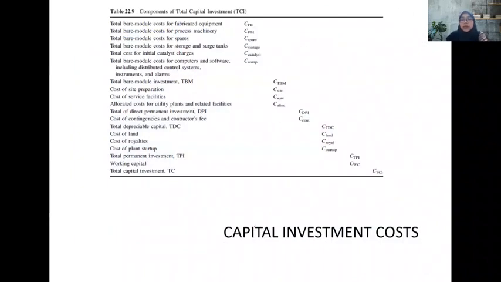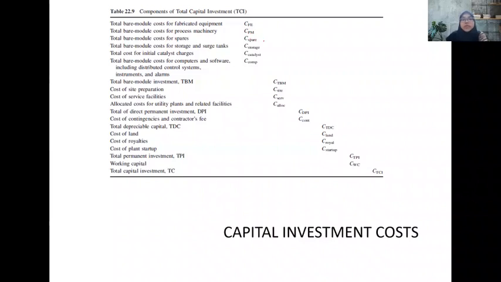This is the summary on the capital investment cost. So we are going to use the estimation based on these abbreviations. So you can see here we have total bare cost for fabrication denoted by CFE, and then we have the total bare module cost for process machinery CPM.